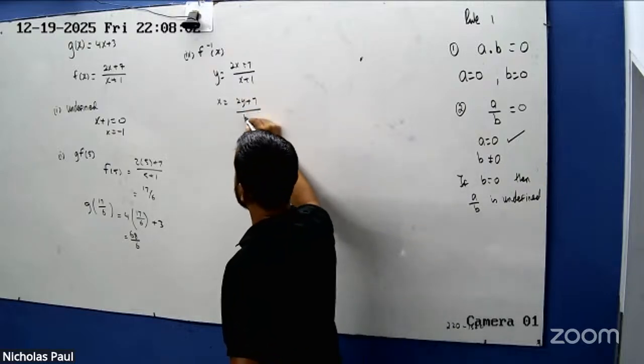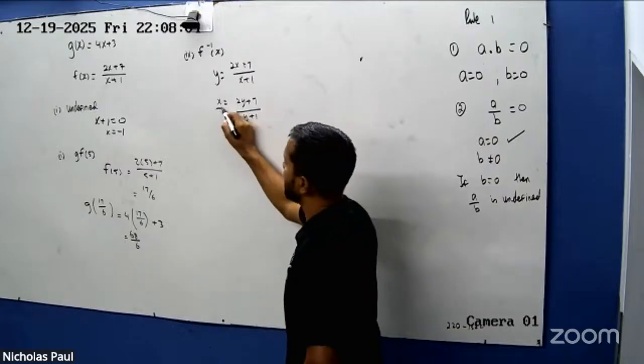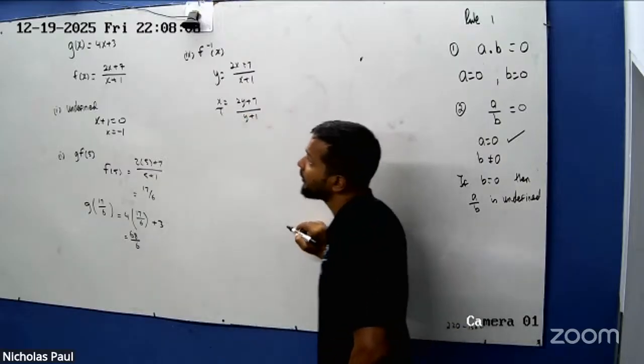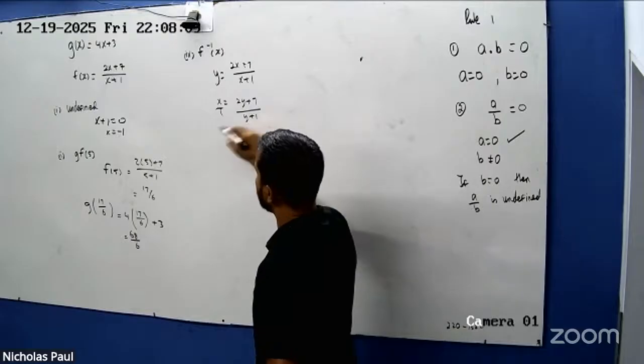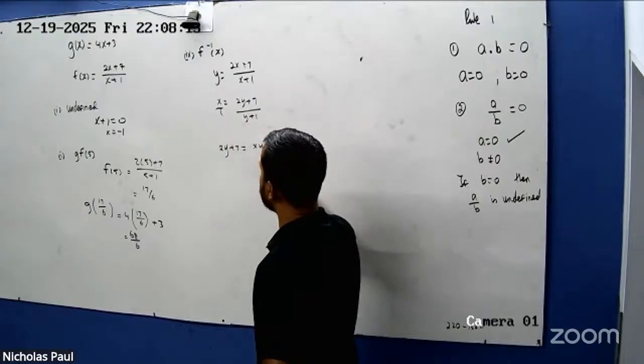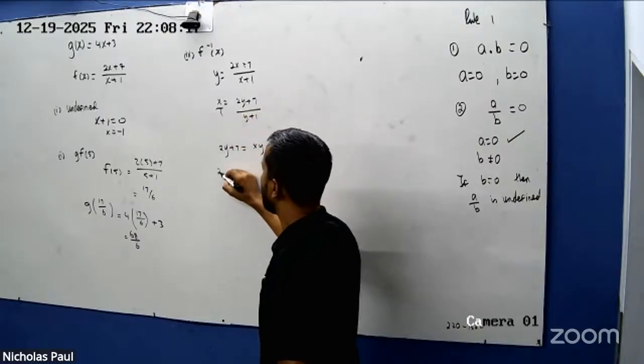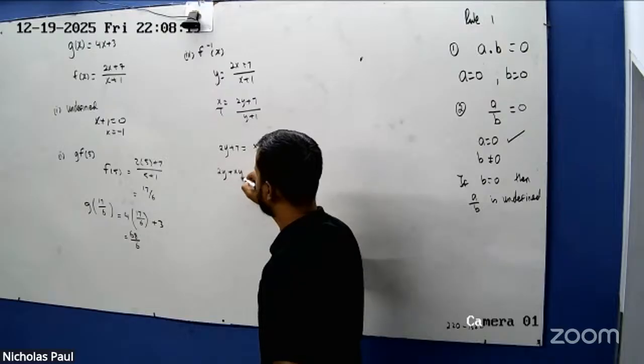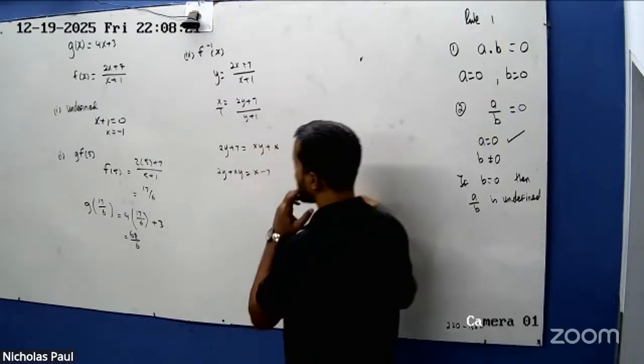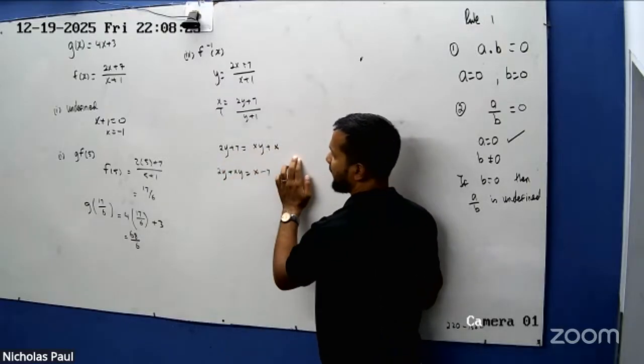This question is very similar to the ones that we did yesterday, last class. Interchange x and y, cross multiply. You'll get 2y plus 7 is xy plus x. This by this, this by this. Bring all the y's together, bring all the x's together.